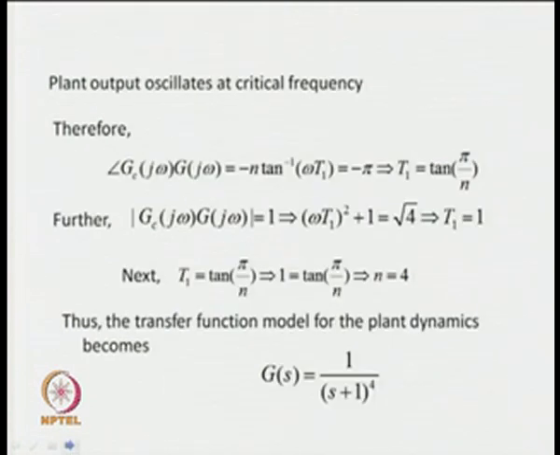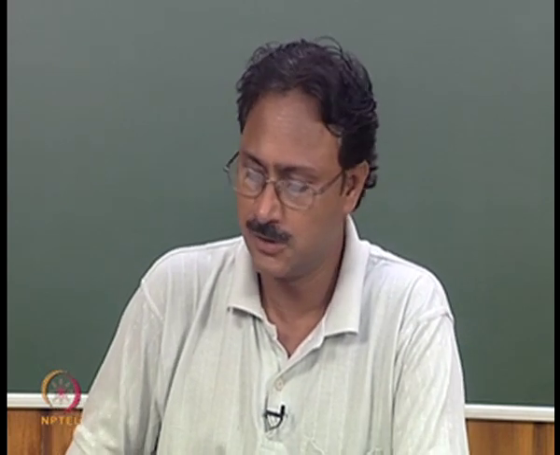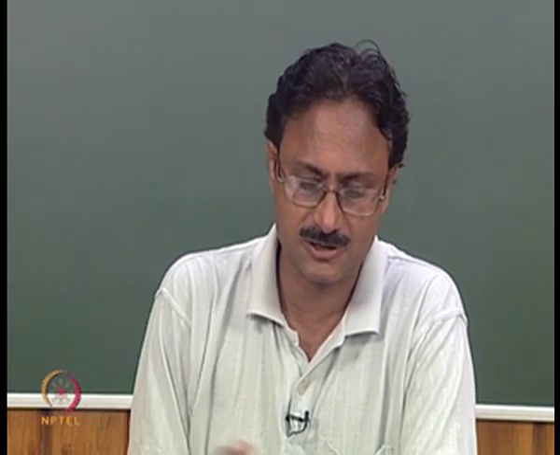Now, we get sustained oscillatory output from the system when the closed loop gain is equal to 1 and loop phase is equal to minus pi. At that time, we get sustained oscillatory output from the closed loop system.